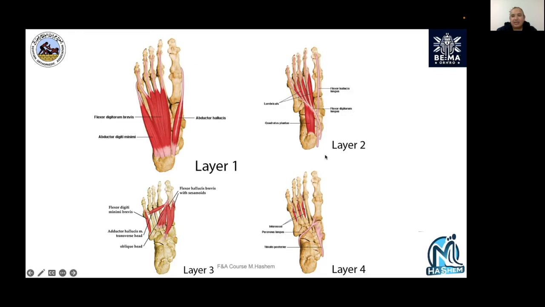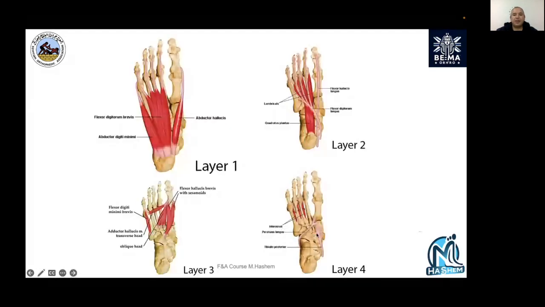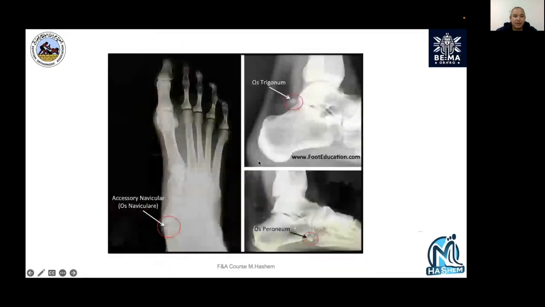Layer number 2 has the long flexor hallucis longus and flexor digitorum longus, and with the flexor digitorum longus, the lumbricals and the quadratus plantae. And on the other side, layer number 4: tibialis posterior, peroneus longus, and the interossei.